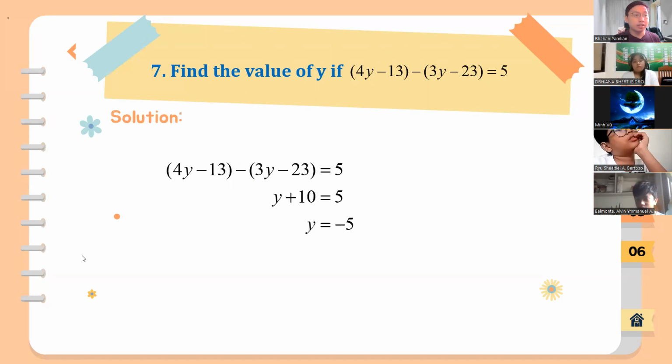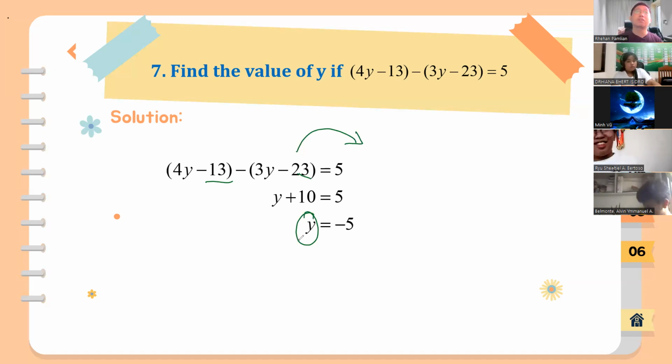So basically, this is algebra. In your case, secondary 1, you are very much familiar already with algebra. So what you need to do here is put the constants on the other side, and then you should be left with a variable on the other side. So minus 13 minus 23. That becomes minus minus is plus.